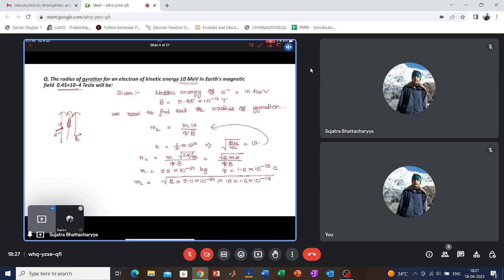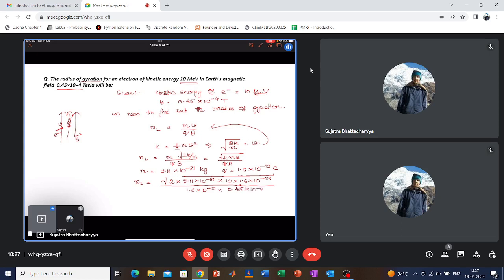Remember, because it is in mega electron volt, it is 10 to the power minus 13. If it had been only in electron volt, then it is 10 to the power minus 19, divided by 1.6 into 10 to the power minus 19 into the magnetic field, 0.45 into 10 to the power minus 4.